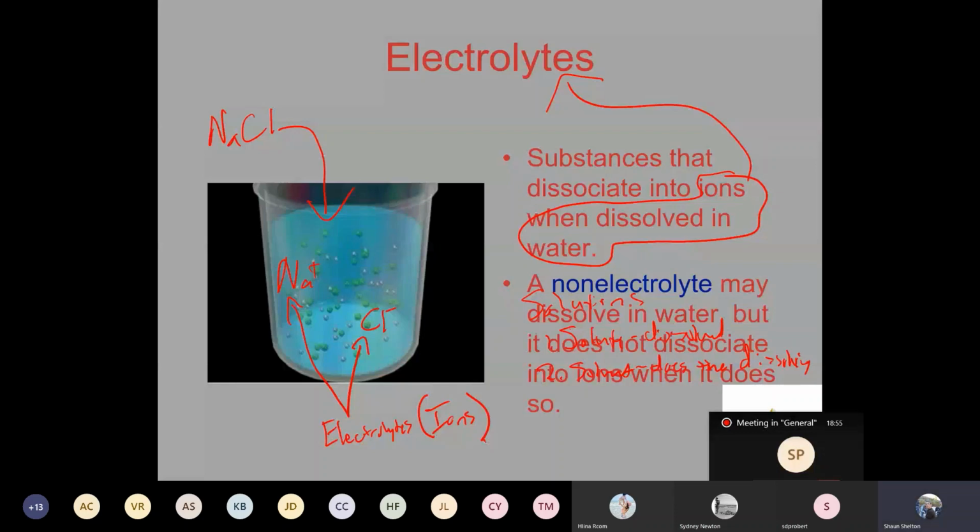What might be a good example for a non-electrolyte? Go to your restaurant, you get a glass of sweet tea, you need to sweeten it up a little bit, so you add some Sweet'N Low in. Sweet'N Low goes in the solution, dissolves, makes it sweeter. That's a good example of a non-electrolyte because the Sweet'N Low dissolves, but it does not dissociate. Everybody understand that?